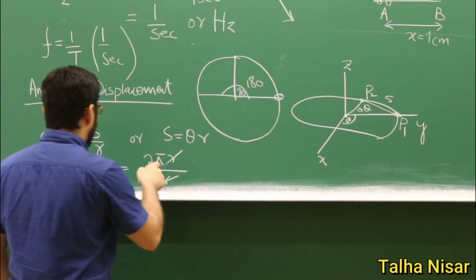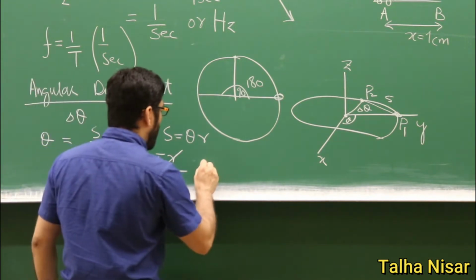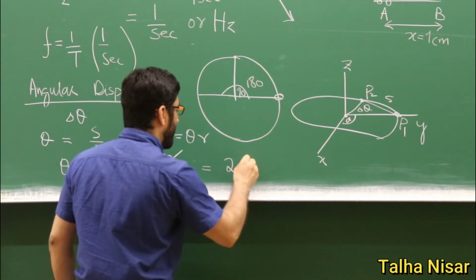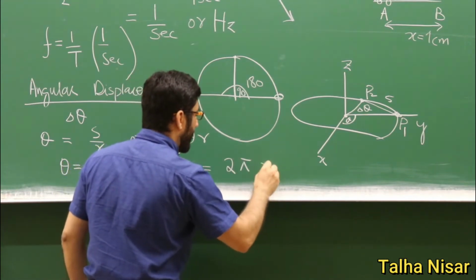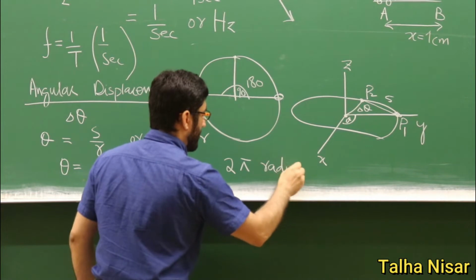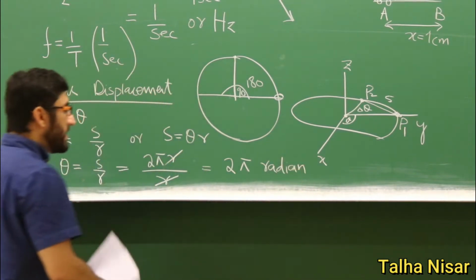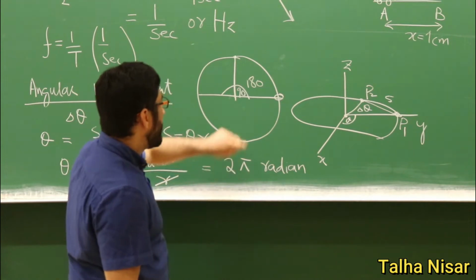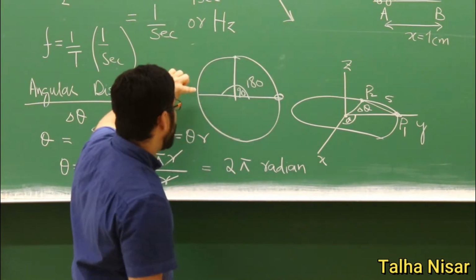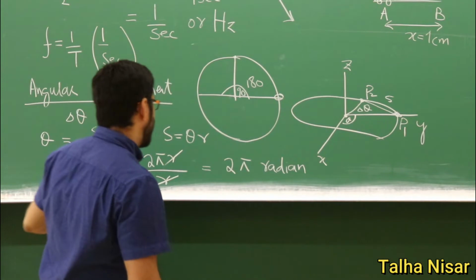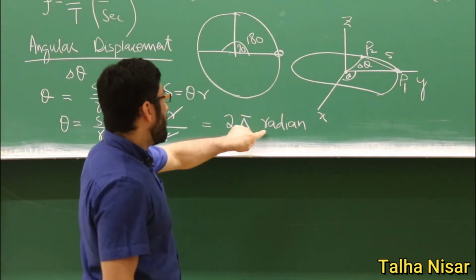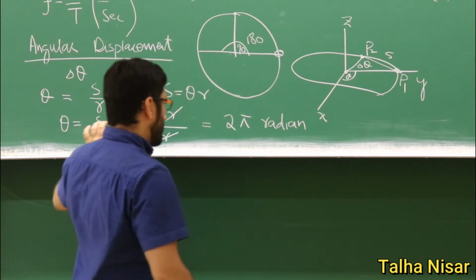So for the complete circle, the angle in radians is 2 pi radians. So pi is 180 degrees and 2 pi is 360 degrees. But this is for the complete circle; we want to know what 1 radian is.